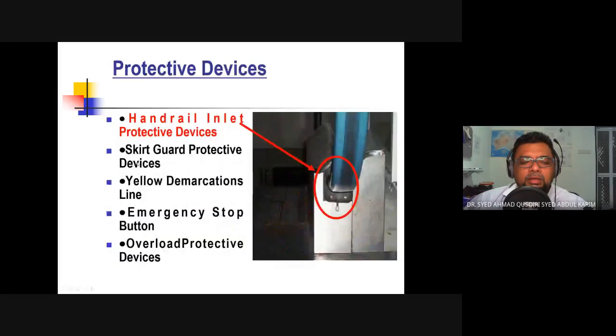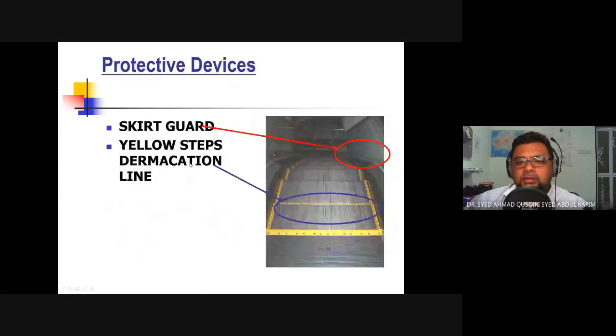And then skirt guard protective devices. These are the skirt guards, which protect people's articles of clothing from getting stuck, especially between the moving steps and the stationary sides of the escalator.